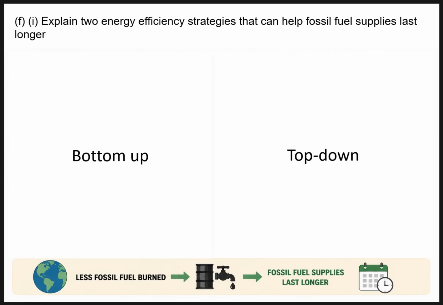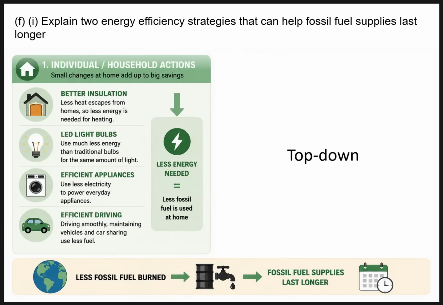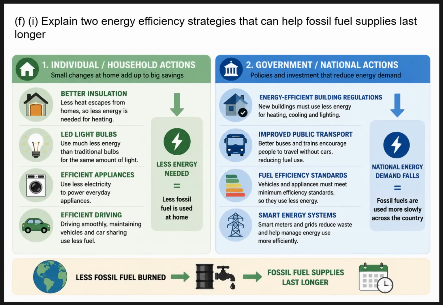Bottom up approaches are actions taken by individuals and households. Top down approaches are those led by governments and organisations. Just by splitting it in 2 it makes it a lot easier to think about the strategies that are bottom up or top down: things that individuals and homes can do, or things that governments can do.